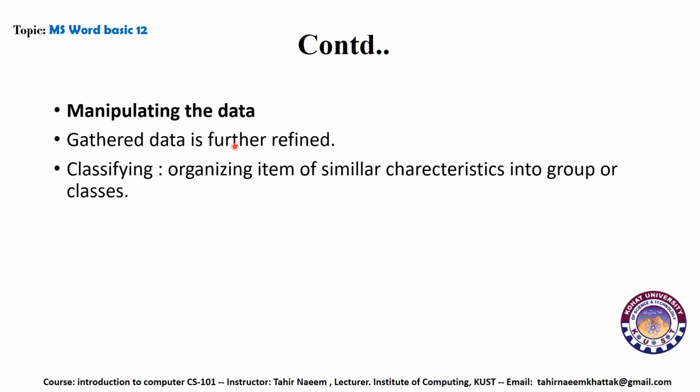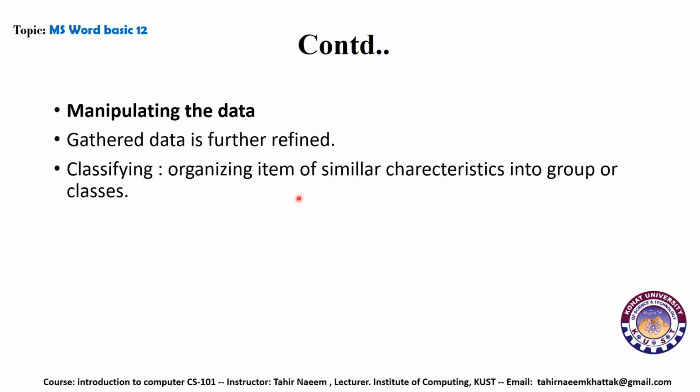There are some steps in manipulation of data. The first step is classifying. As you know, classification means that we organize items of similar characteristics or similar nature into a group or class.